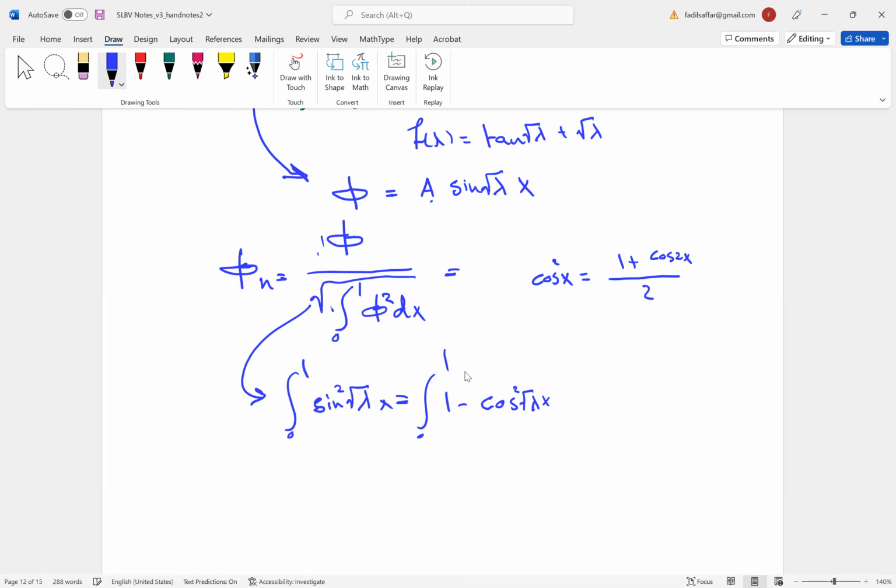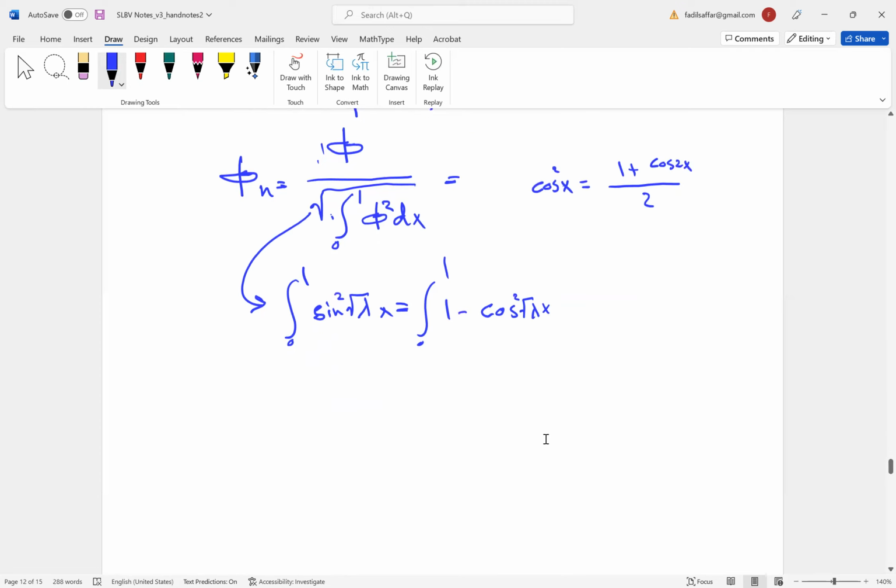This is just a trick to evaluate the integral. So that part will be just 0 to 1, and this one will be half minus half cosine 2 square root of, oops, let's rearrange it, raise it to make more space.